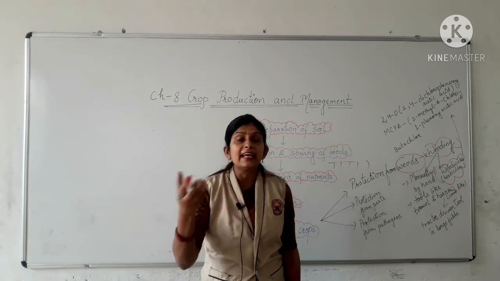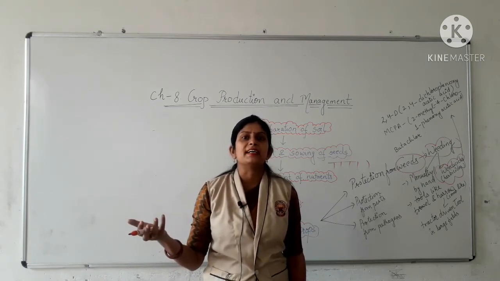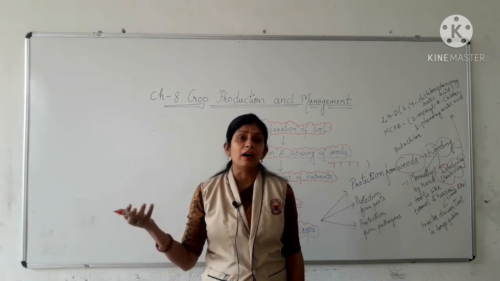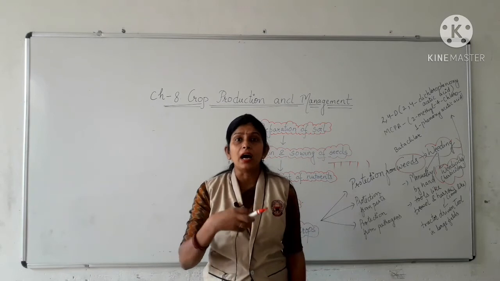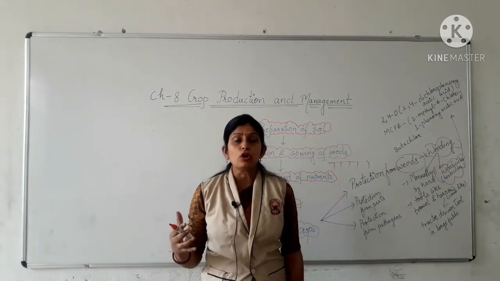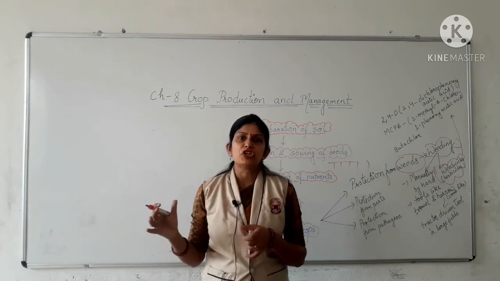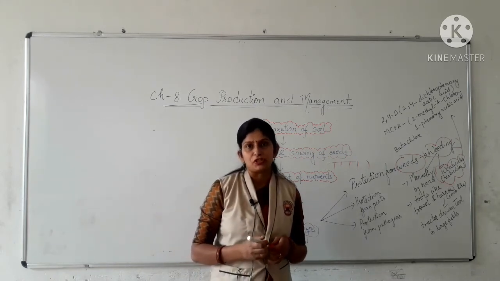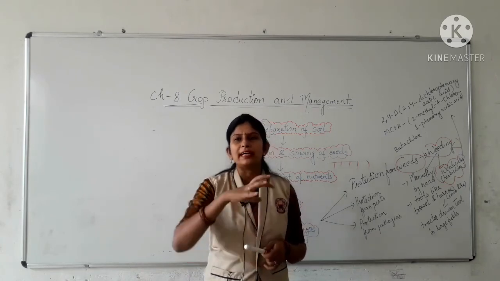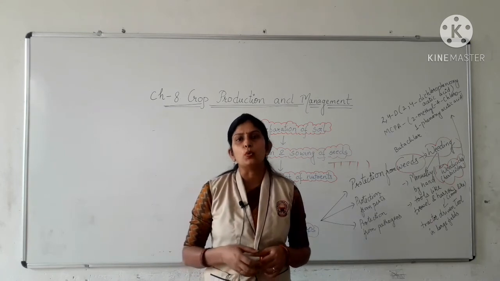So they contain residues of herbicides or weedicides, and these are harmful chemicals. When they go in our body, they can harm our body badly. So we have to wash all these vegetables and fruits before cooking or before consumption, in order to remove all the traces or residues of weedicides or herbicides over them.